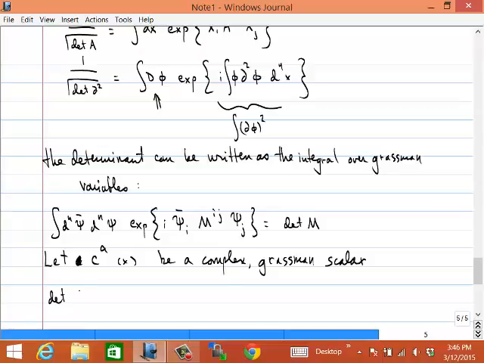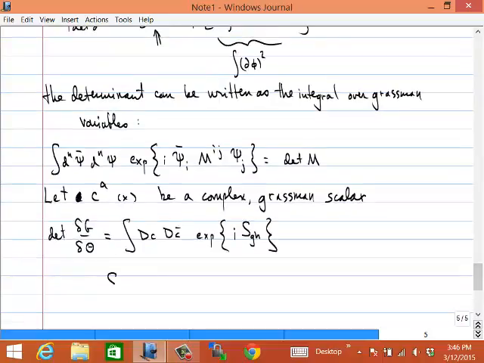Then the determinant of this operator is the integral over C and its complex conjugate, C bar, of the Gaussian integral, where this Gaussian integral is the integral of an action, so that's d^4x, of C bar A. So what do you want?